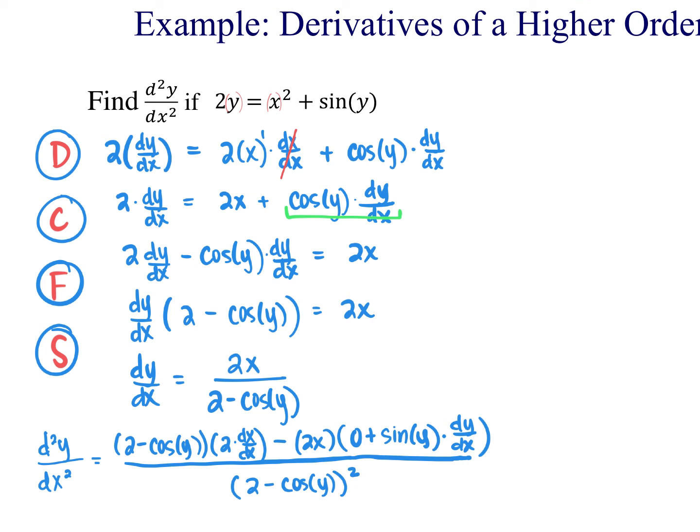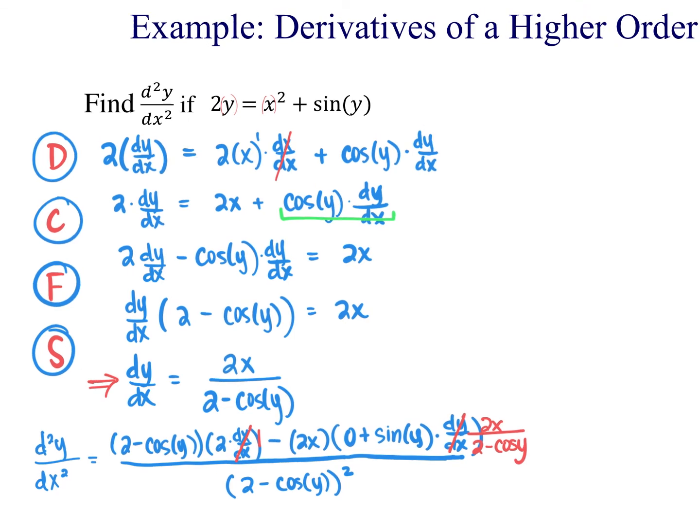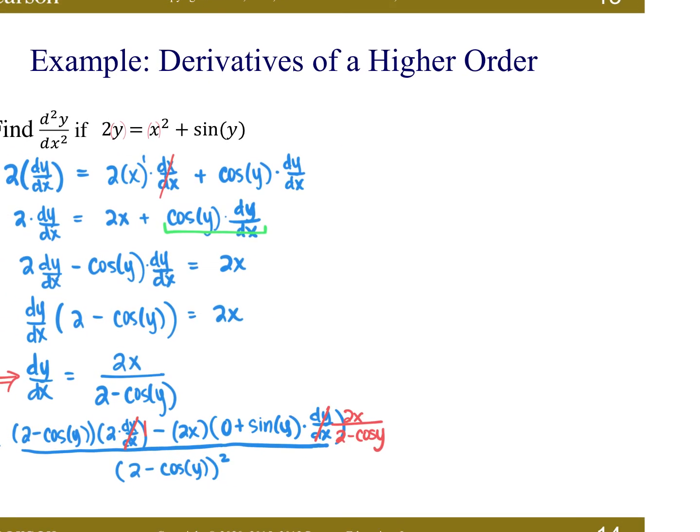So now those derivative terms, okay, dx dx will get replaced with 1. dy dx will get replaced with the result for dy dx. So we'll have 2x over 2 minus cos y. So let's see if this cleans up at all. Still going to have quite a significant numerator, I think.